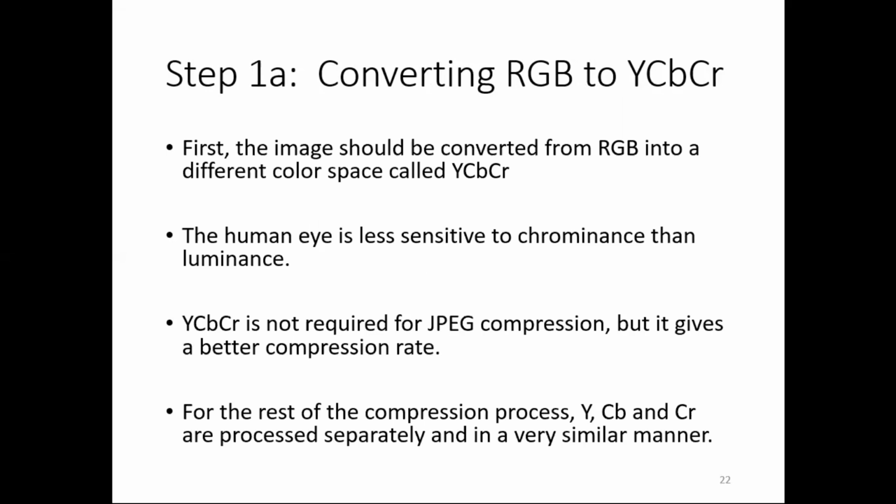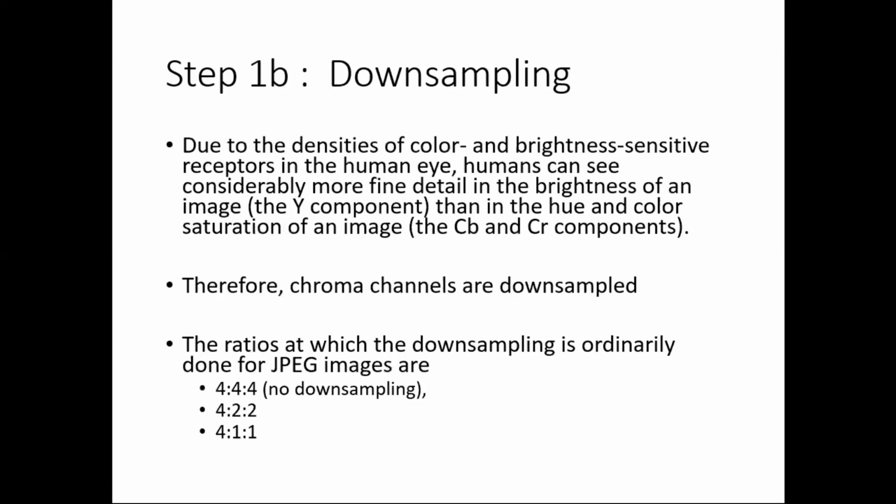But in the YCbCr color space, the Y component only carries the luminance or the brightness of the image. Then the Cb and Cr color channels carry the color information, right? That is the purpose of separating the color information and the luminance information.